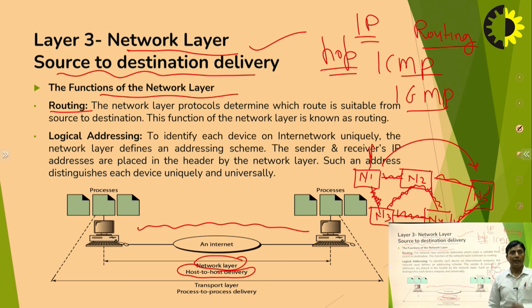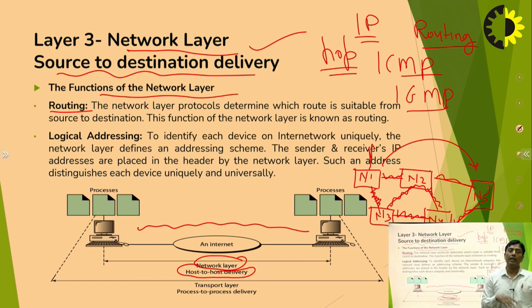At this layer, the router works. The router is the interconnecting device that plays a crucial role in deciding the best route, and it works at the network layer. So routing is the process of defining the best path from source to destination. What is the meaning of best?